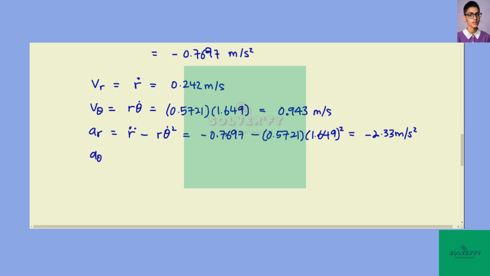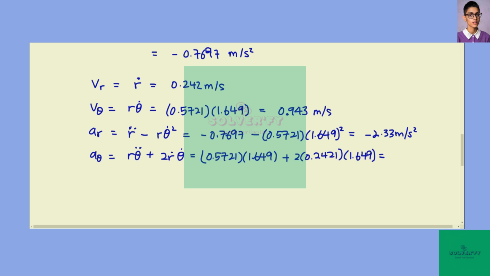And then the transverse component of the acceleration is r theta double dot plus 2 r dot theta dot, which is 0.5721 times 1.649 plus 2 times 0.2421 times 1.649.